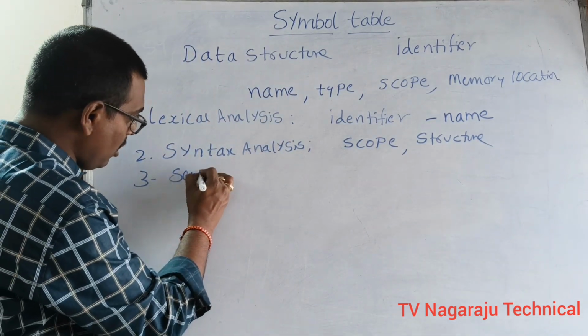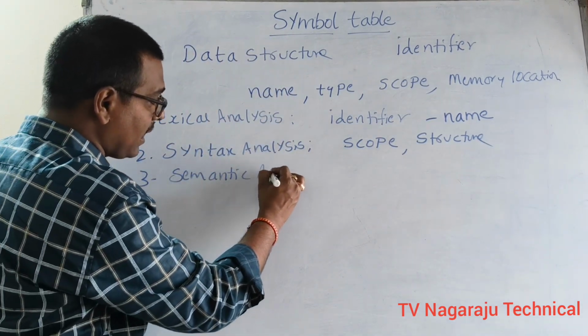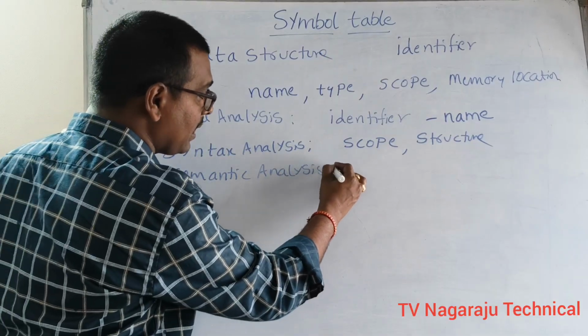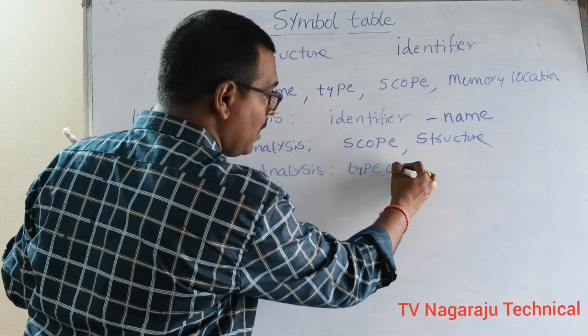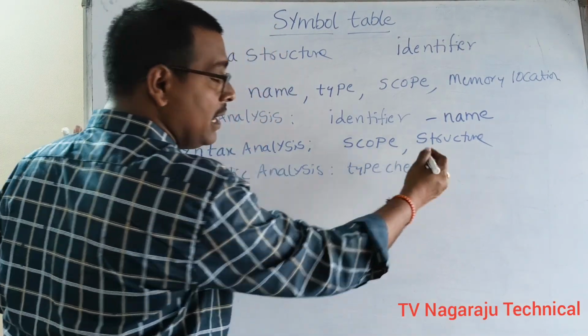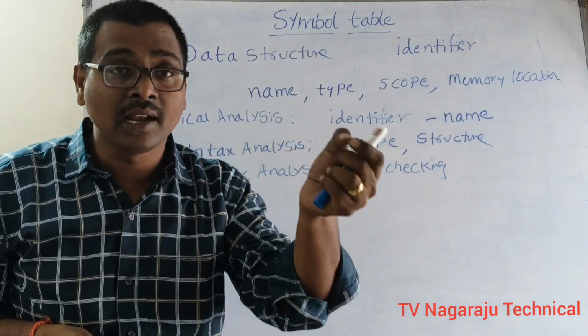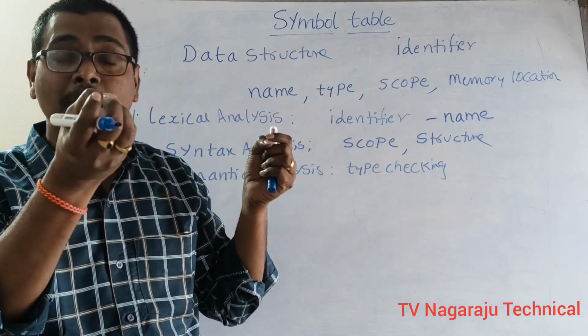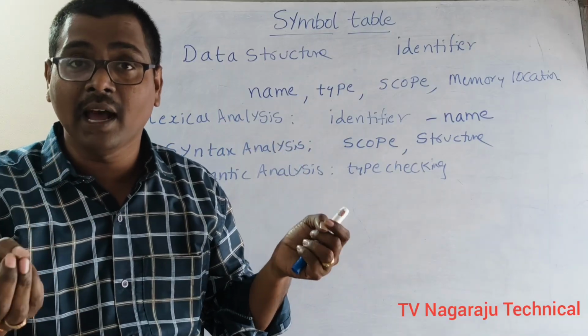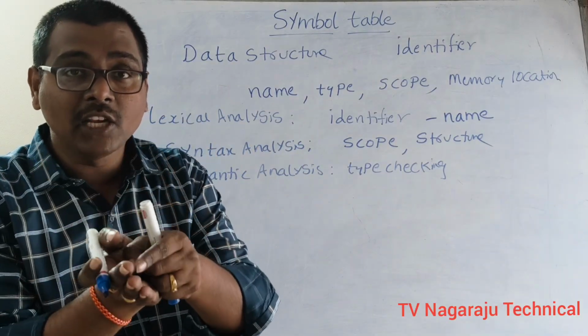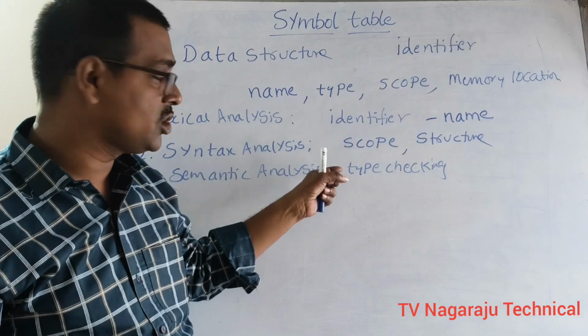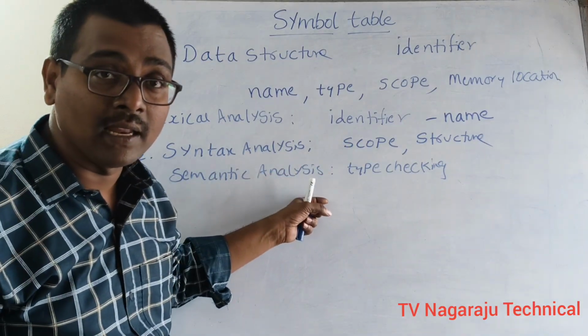Now, the third phase, the semantic analysis. The semantic analysis mainly does type checking, that is, whether valid declarations are done or not, and whether the return type and the function names are valid or not. Every validation and declaration is checked within the semantic analysis.